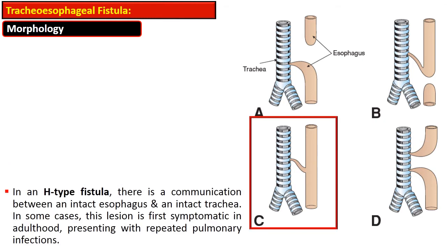In the H type of the fistula, there is communication between an intact esophagus and intact trachea. In some cases, this lesion is first asymptomatic until adulthood, and it presents with repeated pulmonary infections.